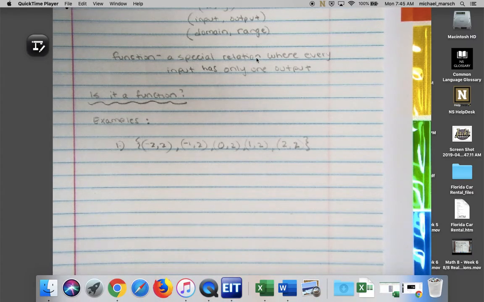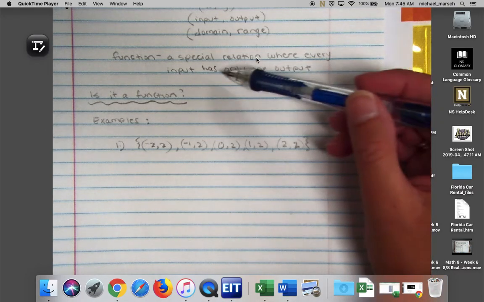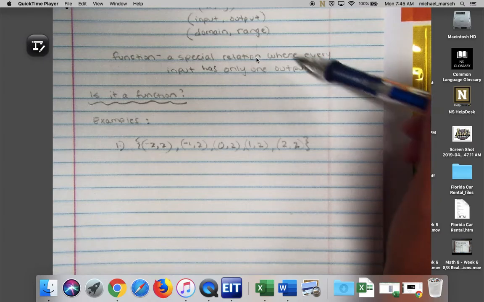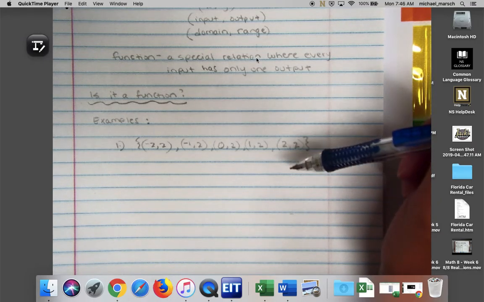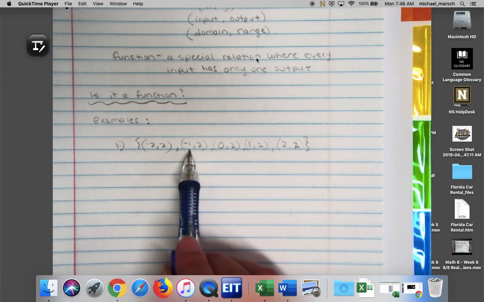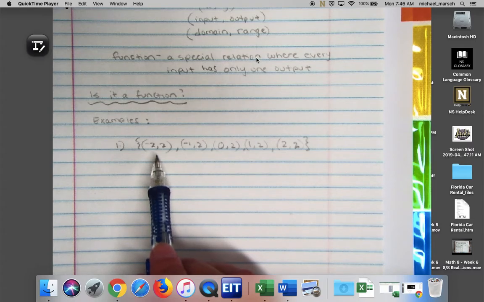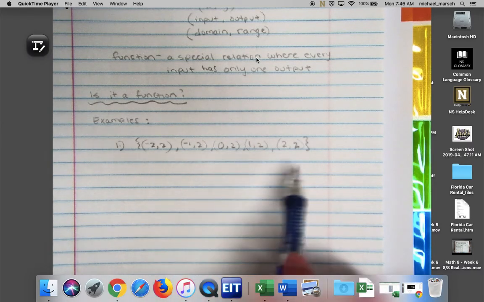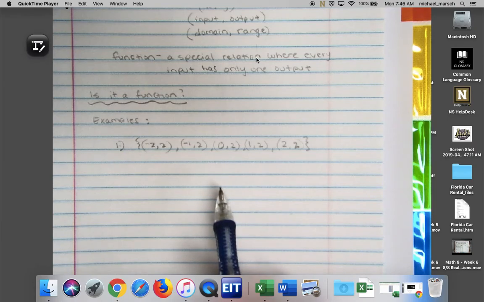So we have to decide if it's a function or not. So remember, up here it said a function is a special relation where every input has only one output. So that is a really fancy way of saying the x values do not repeat. Okay, so when we're looking at our x values, -2, -1, 0, 1, and 2, none of those repeat. Okay, so I hate to say it, but the y values, those outputs, we're not paying attention to those. We're going to ignore them when we're trying to decide if a relation is a function or not.